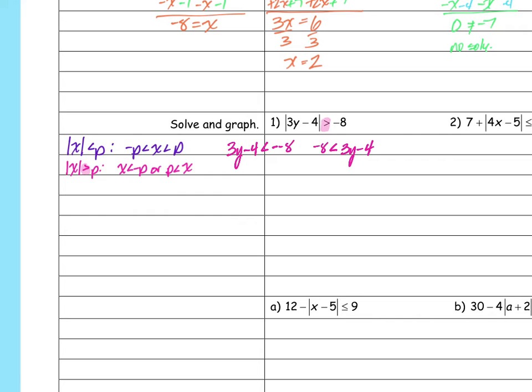Once I get done solving these, we need to actually look at the answers, but let's solve them first. So minus a negative 8 becomes positive. So add 4. Great, I can do that to both of those. And I get 3y is less than 12, or, let's see, negative 4 is less than 3y. Is that correct? Awesome. So divide by 3.